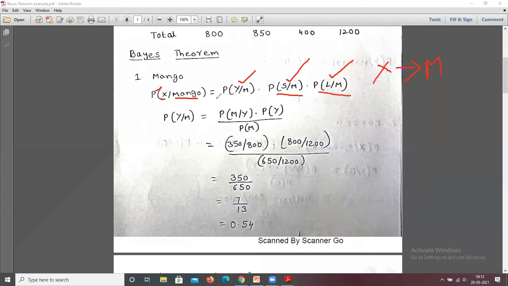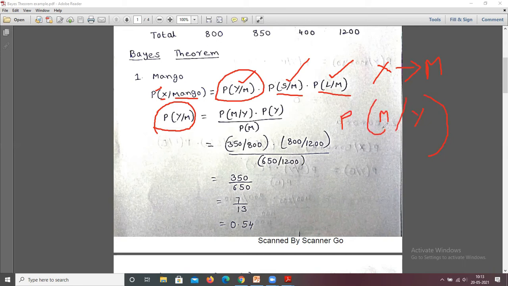So first you take this one: the probability of yellow given mango, that is probability of Y by M. The Bayesian theorem is probability of M by Y into probability of Y divided by probability of M. Now we see probability of M by Y.